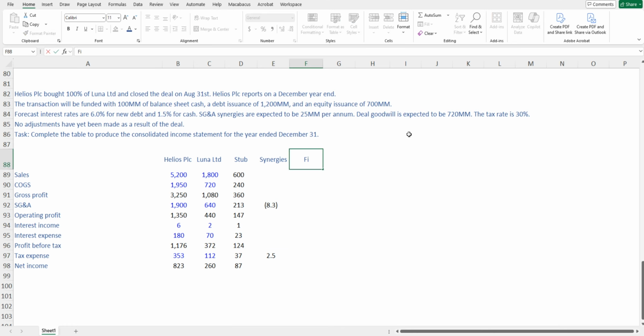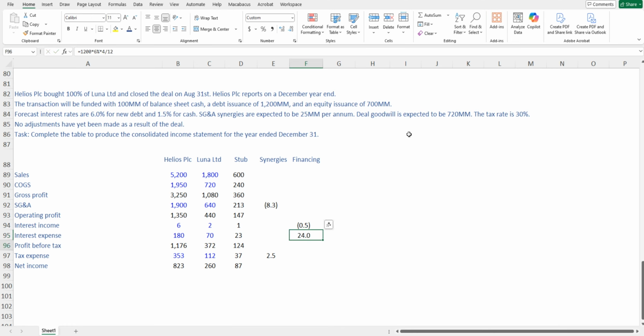And for financing, still the same, they're going to use 100 million of balance sheet cash. And we know the interest rate is 1.5% for cash, but it's an annual interest rate, right? So times 4/12 times -1, make it a negative number. Interest expense is 1,200 times 6%. That's interest expense, and you times the portion, right?